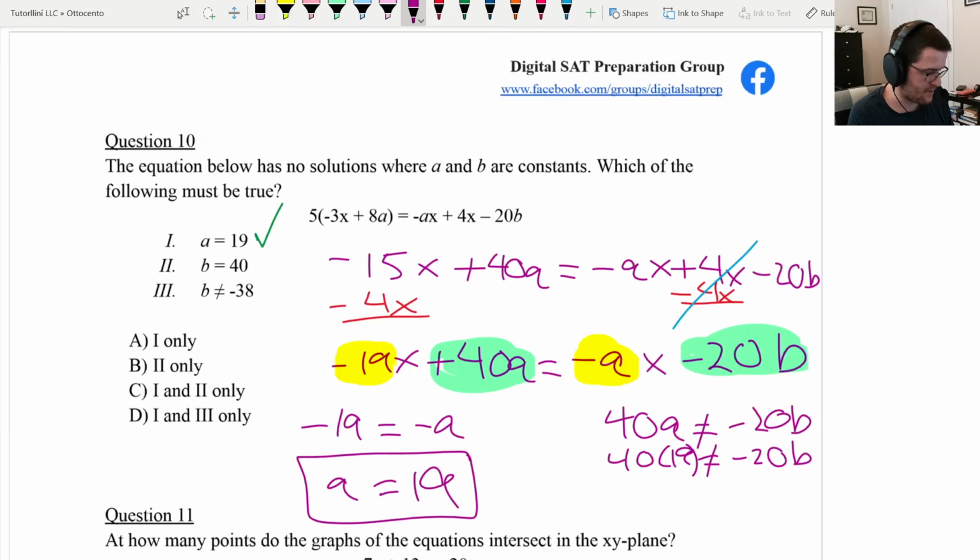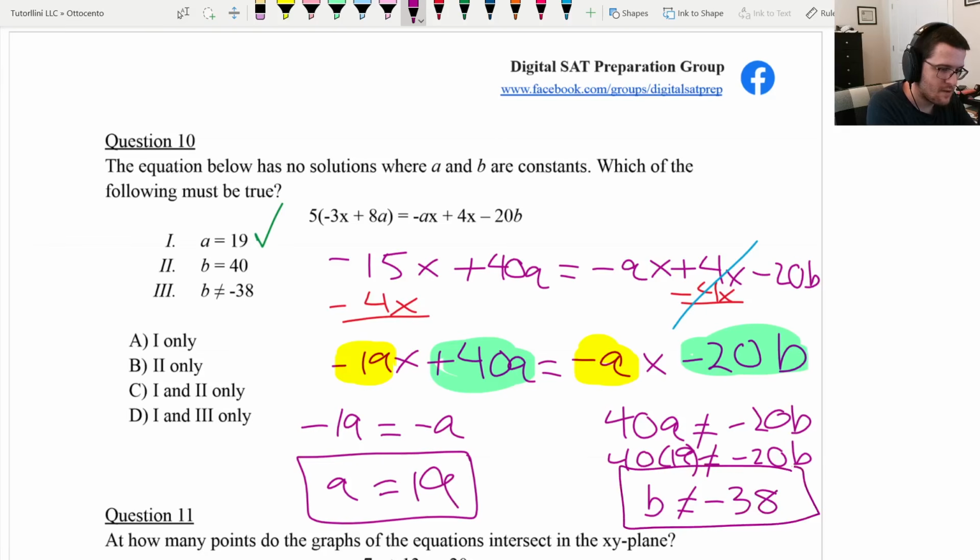Divide by negative 20, and we get b is not equal to negative 38. That should be correct. So this one is looking right. And so it's going to be 1 and 3. So that is answer choice D.